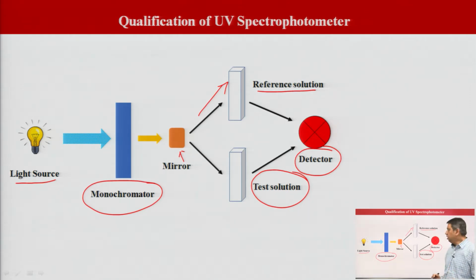So, by comparing with the reference solution, that is the known solution, we can easily measure the amount of analyte present in the test solution. This is the simple working of the double beam UV spectrophotometer.